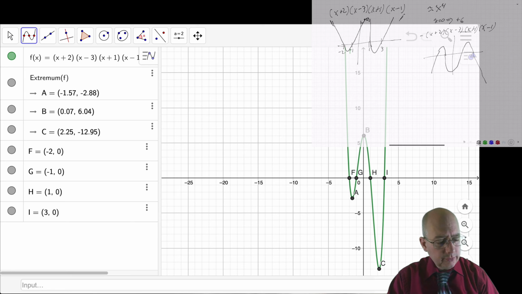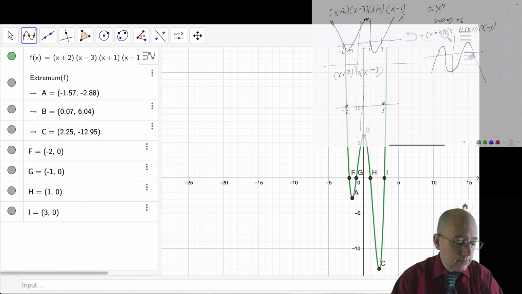What else can we do? You could have the same factor. So now let's reduce the size of what we're doing here to x plus 2 squared times x minus 3. So we still have minus 2 and 3 as our roots, but we only have 2 roots instead of 3, even though we have 3 x's.